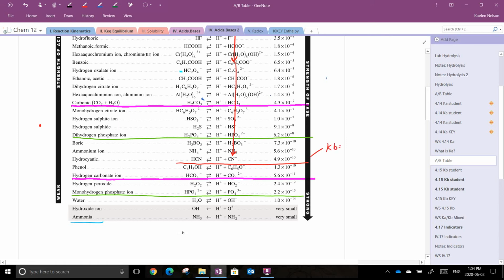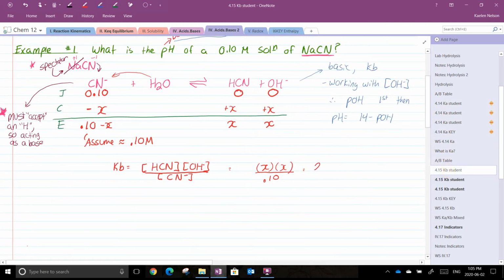To make this a Kb, we'll do 1.00 times 10 to the minus 14 over 4.9 times 10 to the minus 10 and get that number to use. And I get 2.04 times 10 to the minus 5, and that's what I'll put on my other page. So back to my calculation, this will equal 2.04 times 10 to the minus 5.